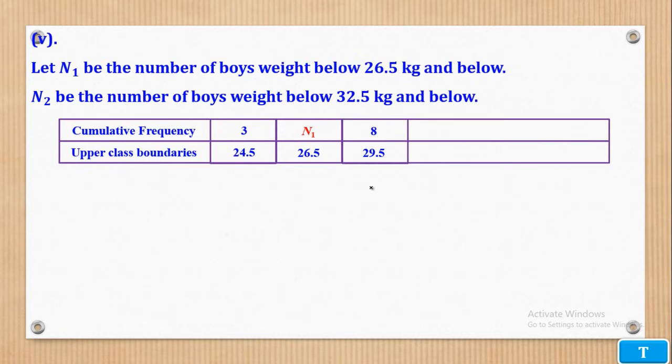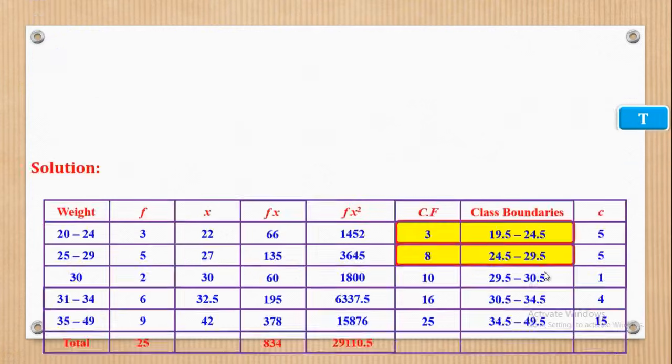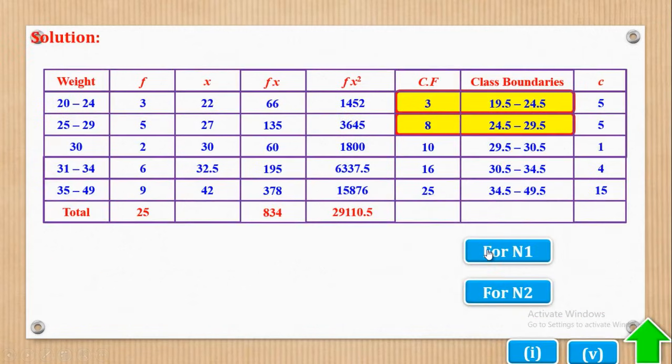What about n2? So n2, when you go back to the table, is in between those ones because 32.5 is between 31 and this, meaning that it is somewhere in between here. Therefore, we shall extract out those cumulative frequency and upper class boundary.